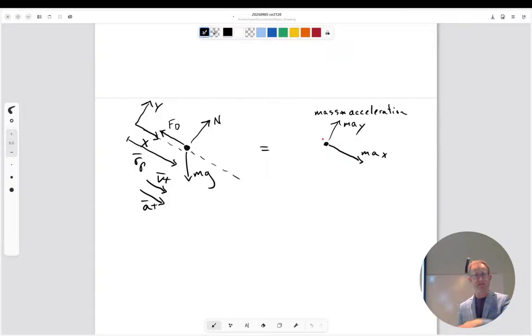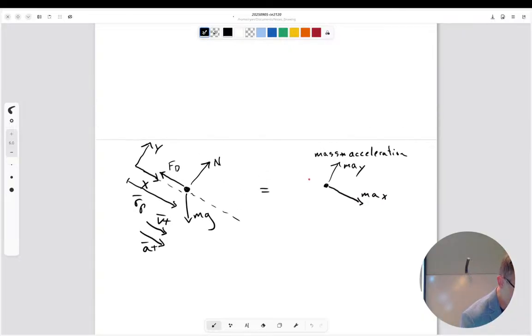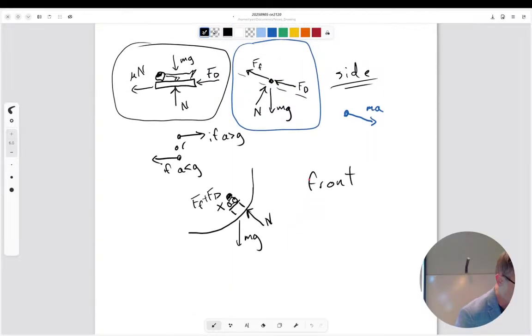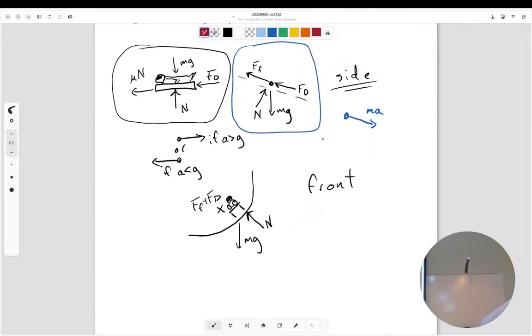If it's on a constant slope, MAY is always 0. If it's reached a terminal speed, MAX is 0. Anyway, I wanted to spend a little bit of time talking about that. And now we can get into the weird stuff, if it wasn't weird already.